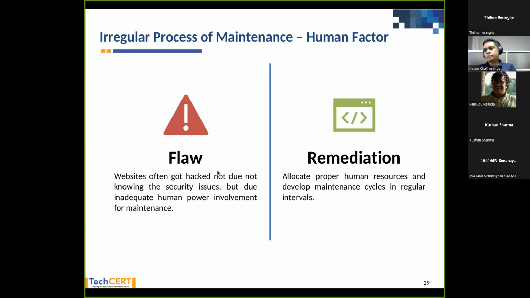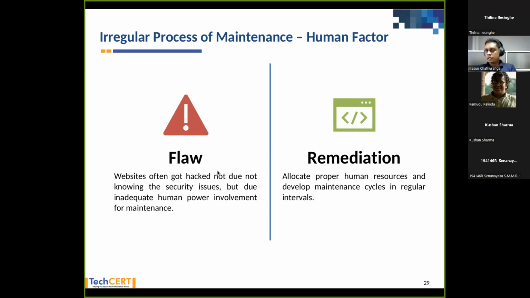This is the human factor, the irregular process of updating, not putting the update. So sometimes even if you have license keys and everything, the people who are updating are extremely busy and they have many other job roles. They do not have time to update the things.